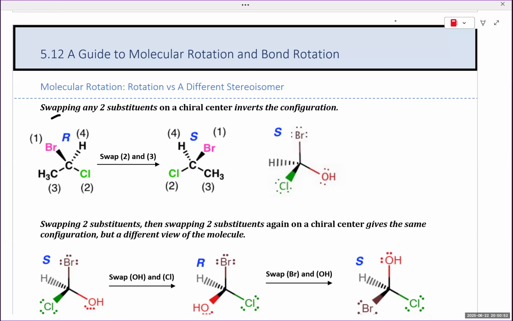As we've discussed, swapping any two substituents on a chiral center inverts the configuration. For example, if I swap this bromine and hydrogen atom, even though we initially have an R stereocenter, swapping those substituents gives us an S stereocenter.